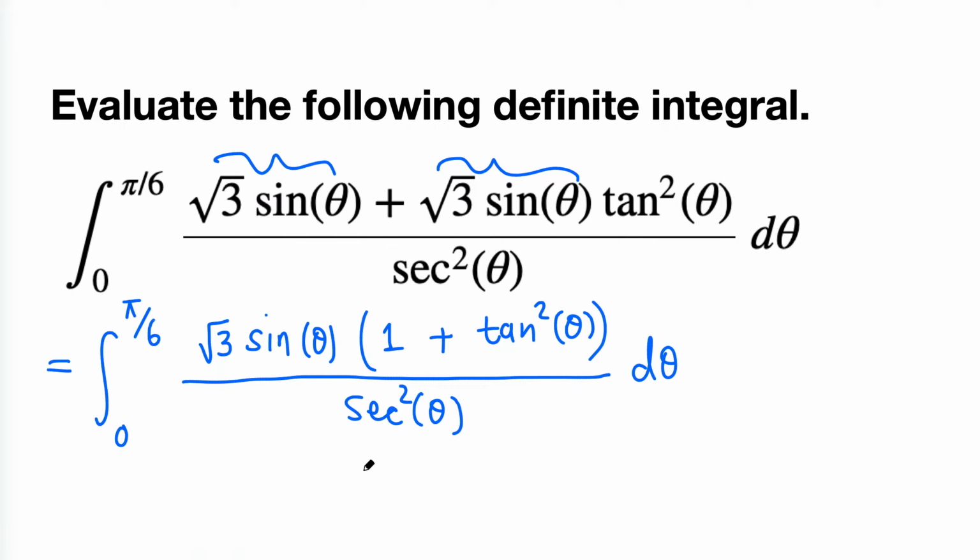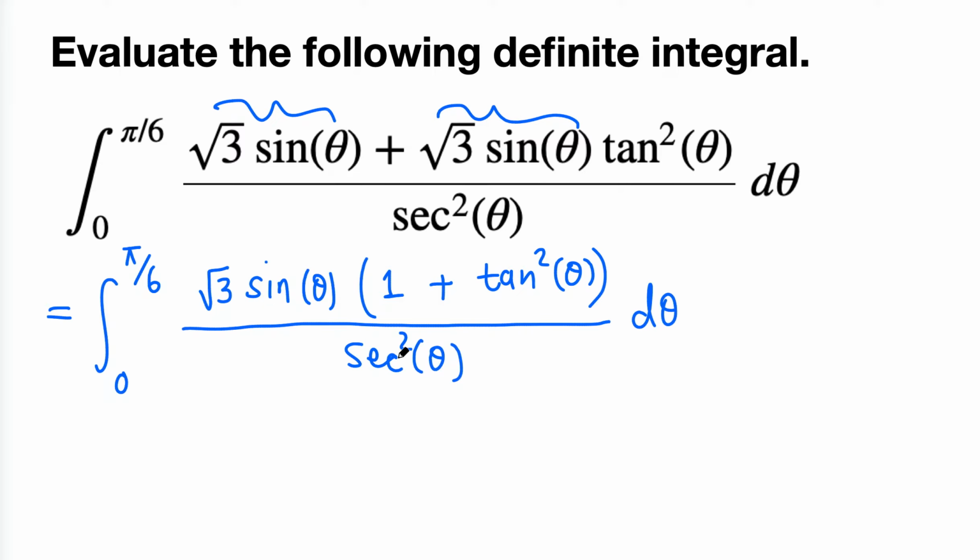Okay, still there is not much of an improvement, but if you look closely inside this parenthesis, 1 plus tangent square theta, there is a Pythagorean identity. 1 plus tangent square theta is in fact secant square theta.